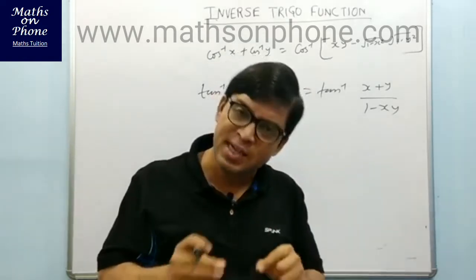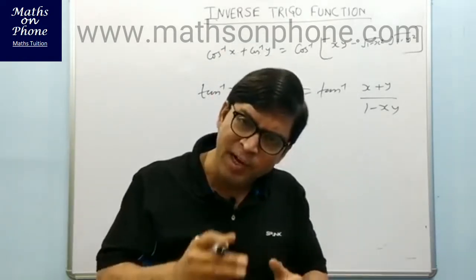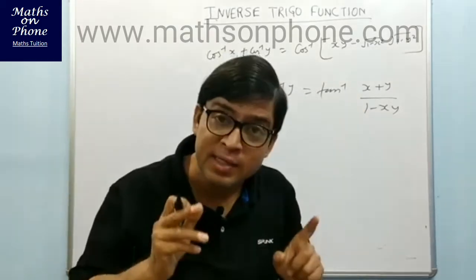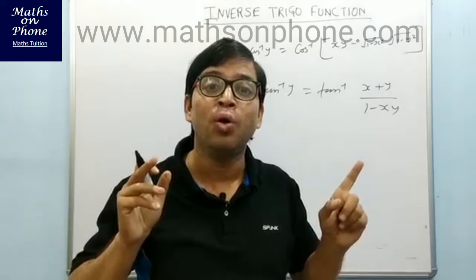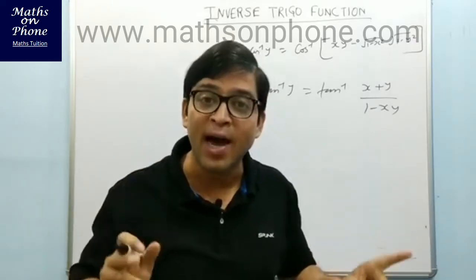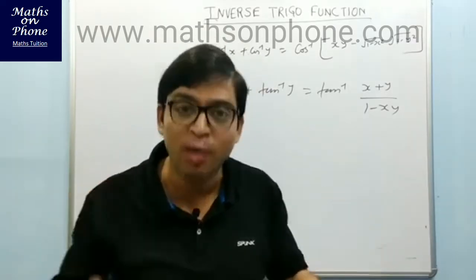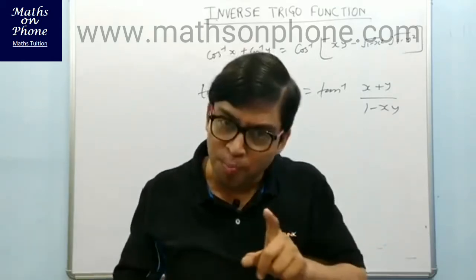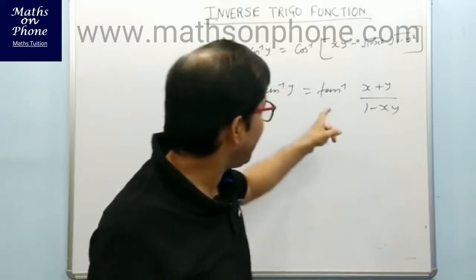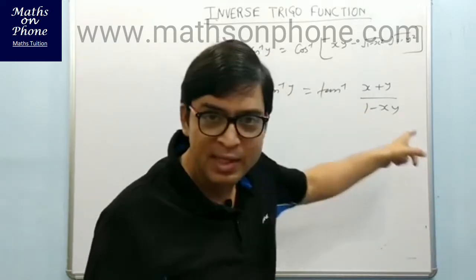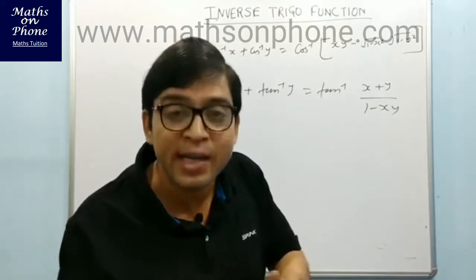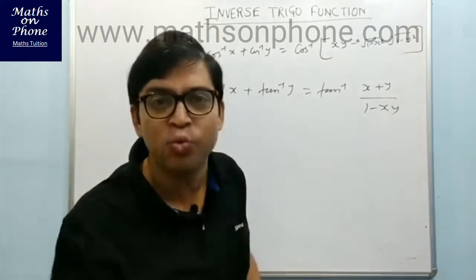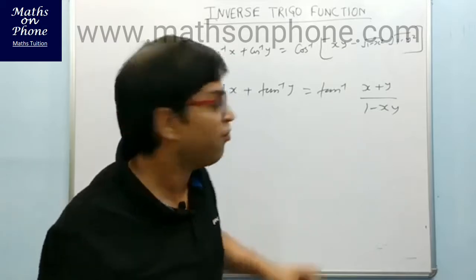Why we are calling this the standard formula is that there will be a different formula if that condition is not met, since the value of tan inverse of something should be between minus pi by 2 to pi by 2. To bring it into that format, sometimes we write pi plus that thing, sometimes we write minus pi plus that thing. You just remember the standard formula that is to be used from your examination point of view.